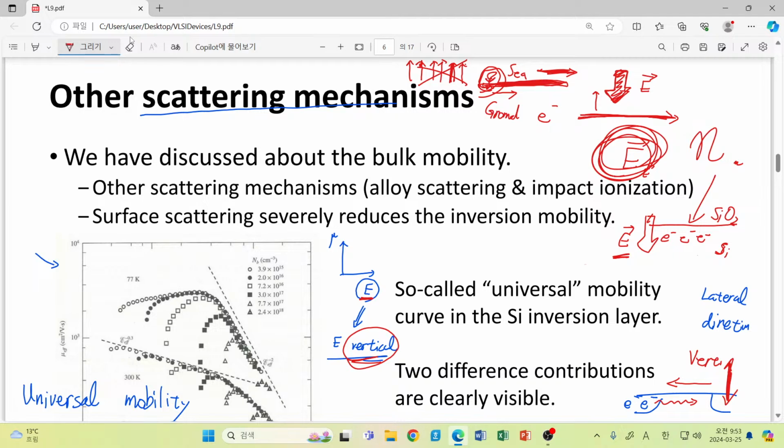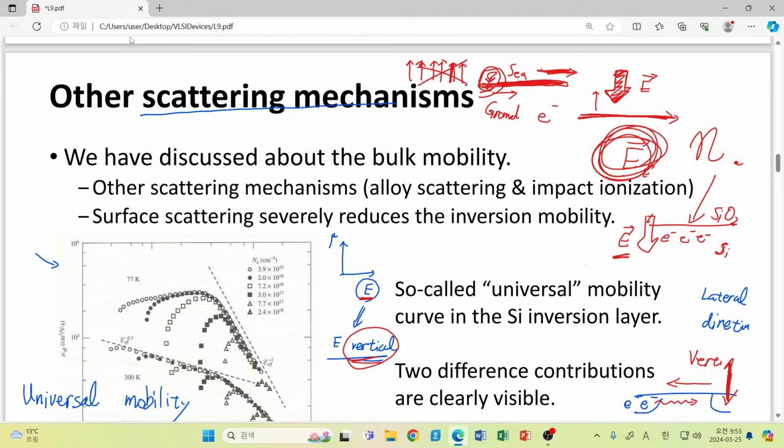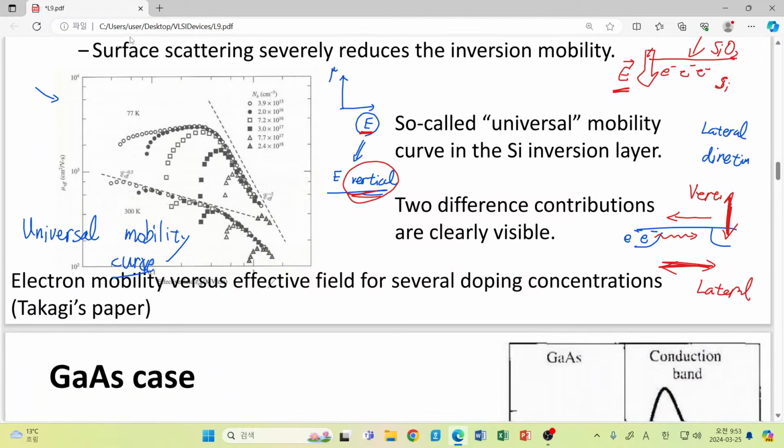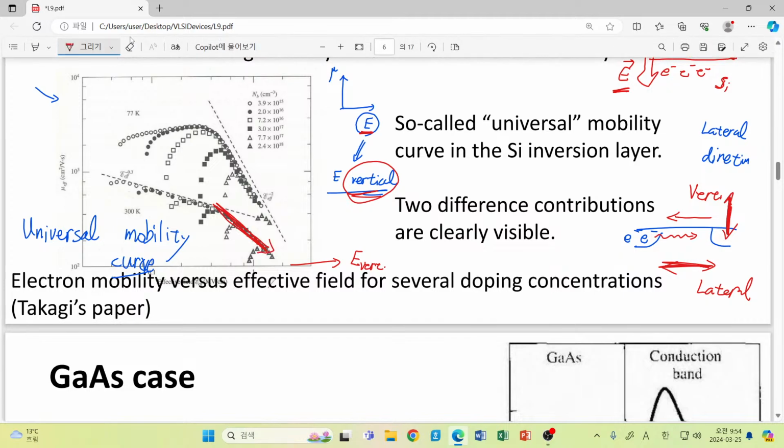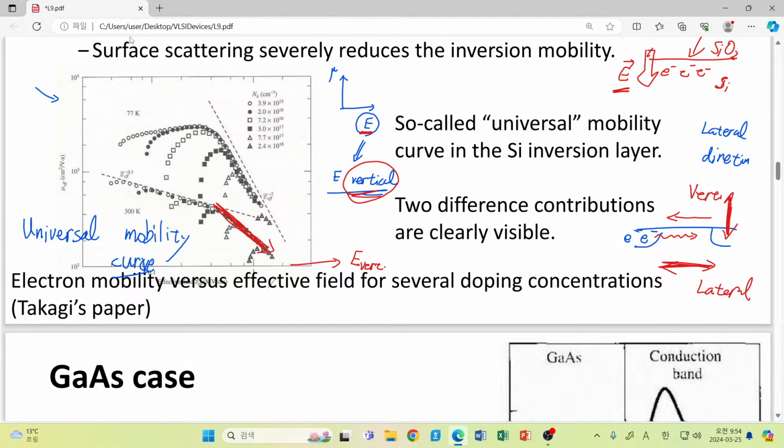Then what happens to the mobility of this electron? Here the x-axis corresponds to the vertical electric field, and our electron mobility shows a really drastic decrease when a high vertical electric field is applied.